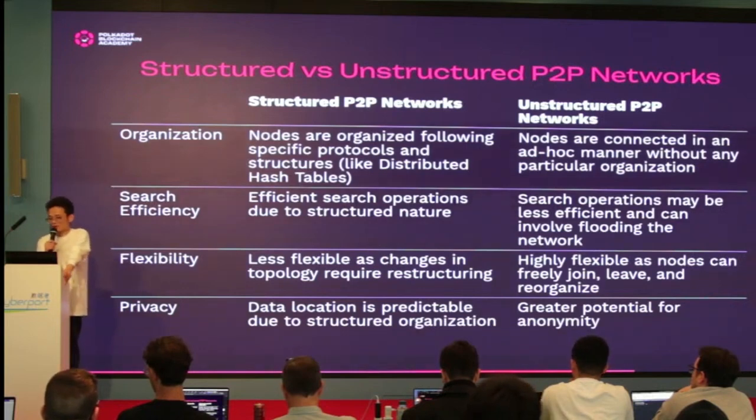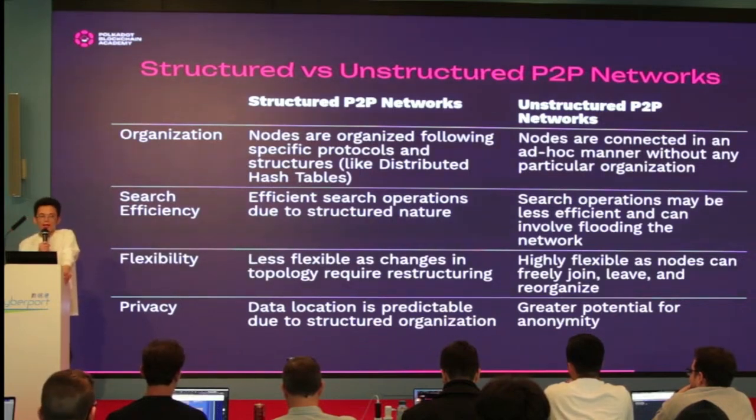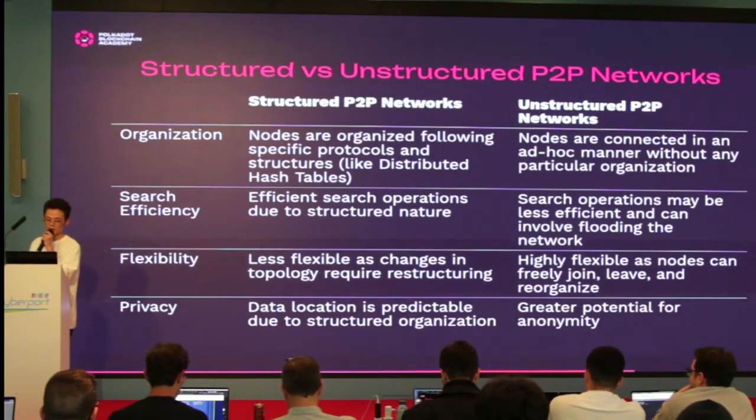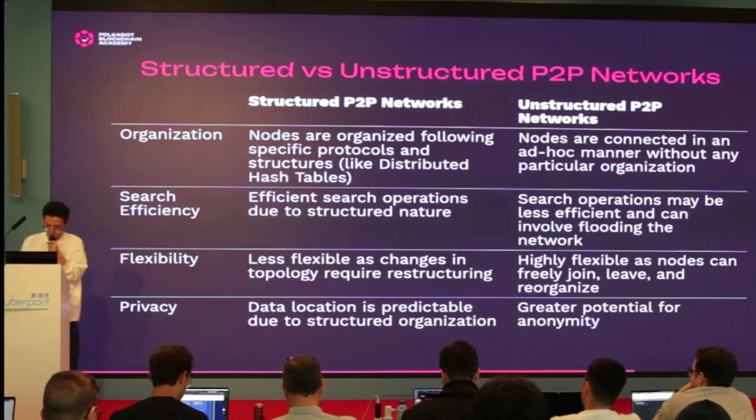When we employ a distributed hash table, we can always locate the nodes that have stored a piece of data. But an unstructured peer-to-peer network enjoys greater potential for anonymity, just like the wireless sensor network we mentioned. The data collected by a node can be anonymized. It has great potential for anonymity because it's unstructured.